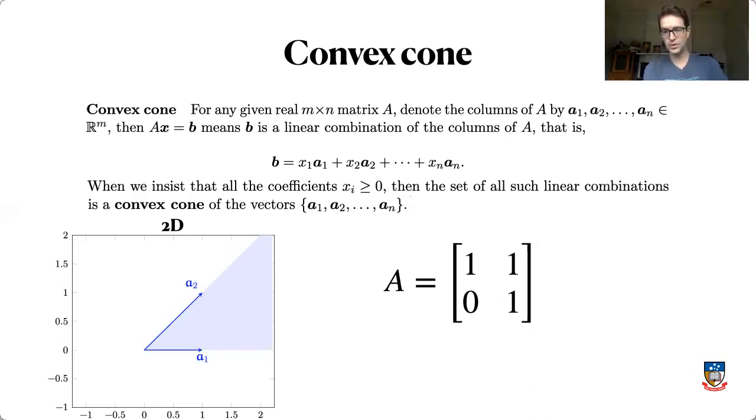And then all of the points given by linear combinations with positive coefficients are going to be the region in the blue here. So the convex cone for this matrix A, for these vectors 1, 0 and 1, 1, is that region that sits in between the two. So that's the idea: you take a matrix, you write down the column vectors, and you get the region that sits between all of those, and that's called a convex cone.